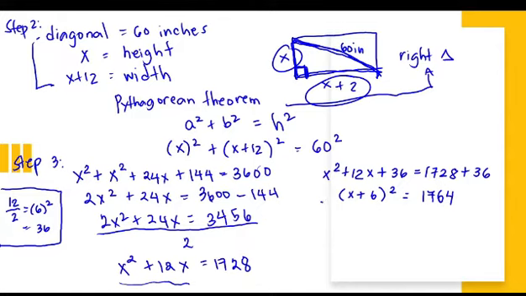And after that, we extract its square root. And then we will have x plus 6 na lang. Matatanggal na yung square. Equal to, get the square root of 1,764. This is a perfect square. That is equivalent to positive and negative 42.